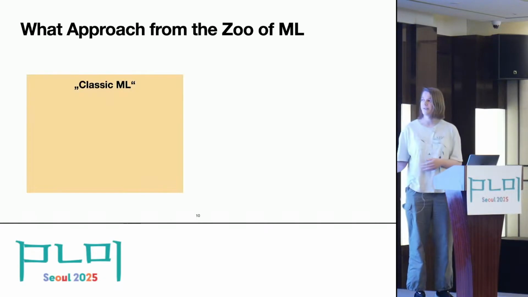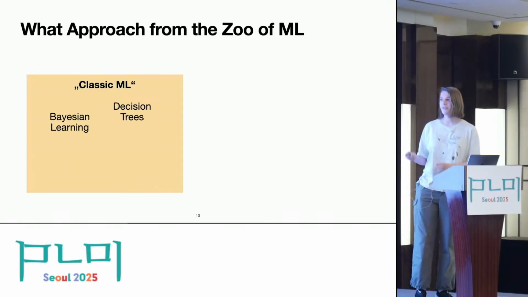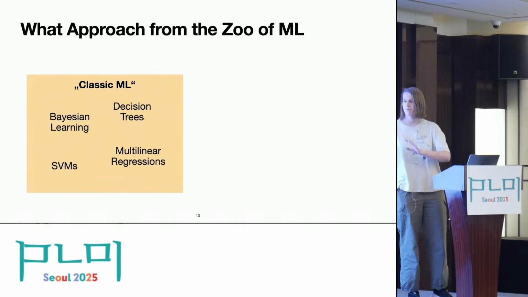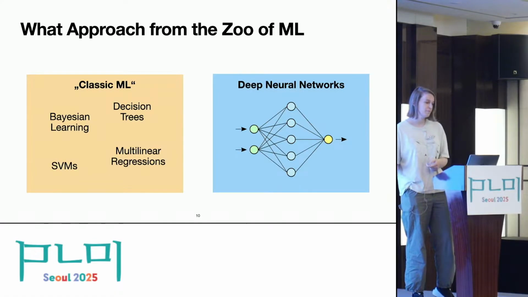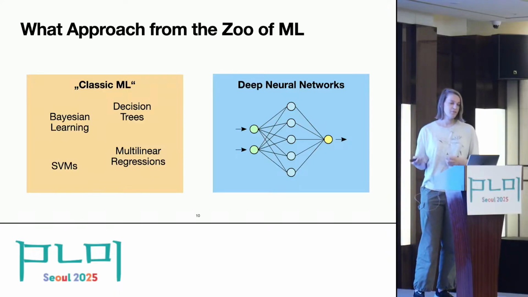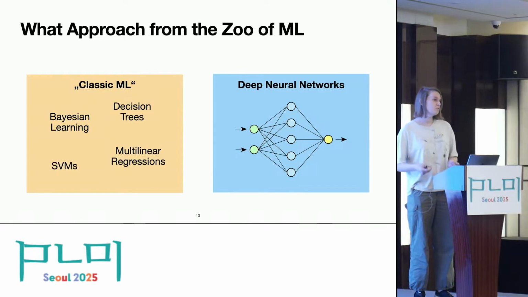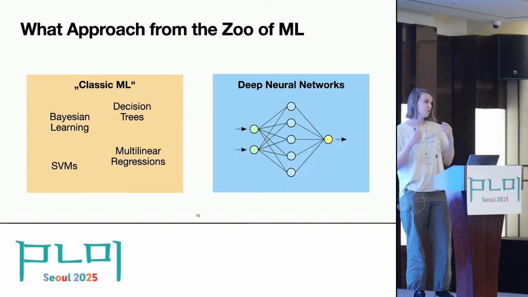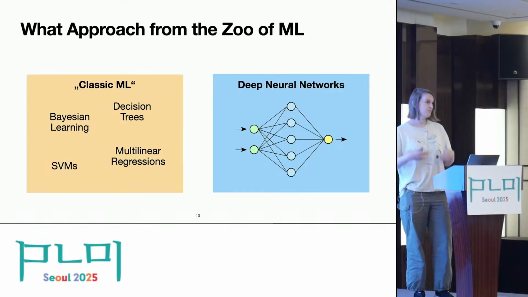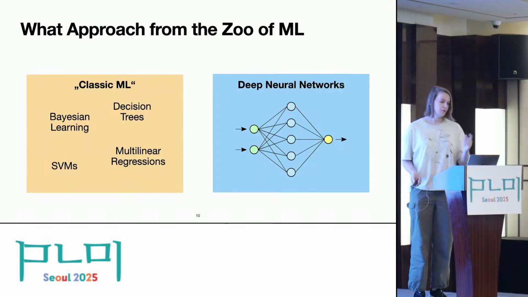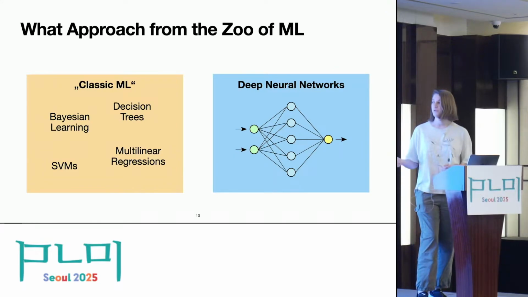Well, we could go with classic ML, like decision trees, Bayesian learning, all these classical things, and of course neural networks and deep neural networks. And since deep neural networks are especially proven to be able to generate complex structures, including images, graphs, and of course text, we went the route of neural networks.